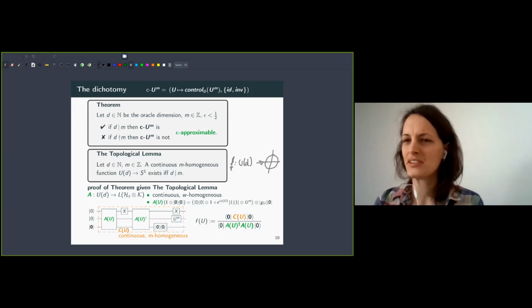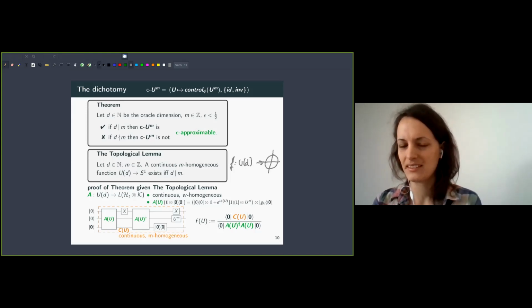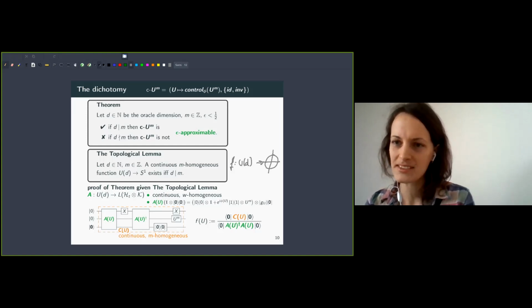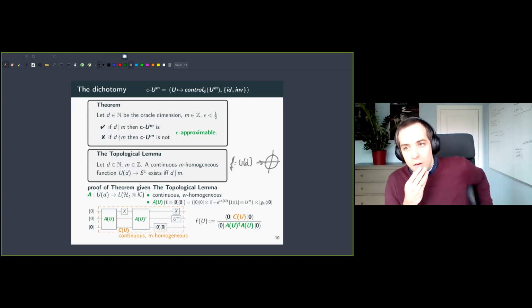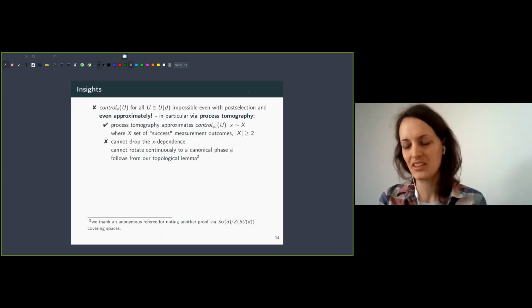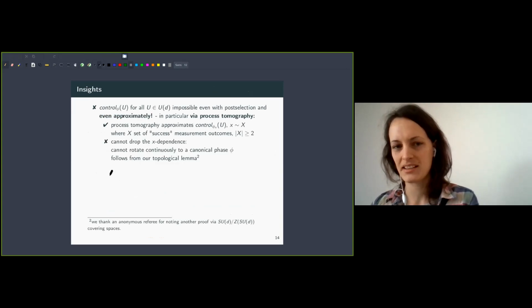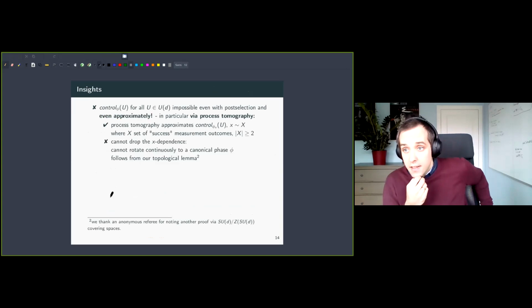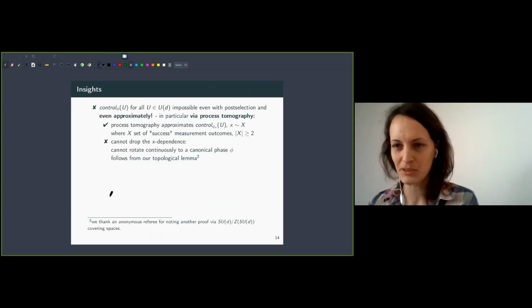I'm not sure if this refers to what I said at the beginning, that it's impossible to do control U if I do not allow this freedom in global phase. I'm not sure if this answers the question. But actually in the reduction, for example in process tomography, the process tomography can access the superoperator, which is a unitary superoperator, and it's not sensitive to the global phase.